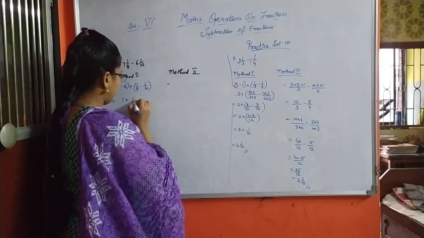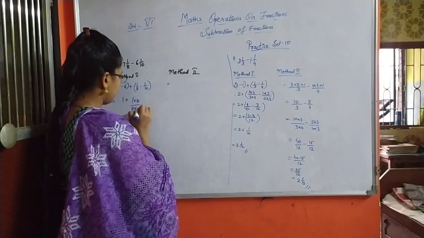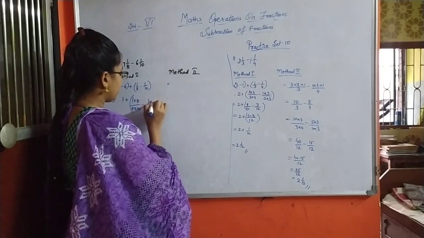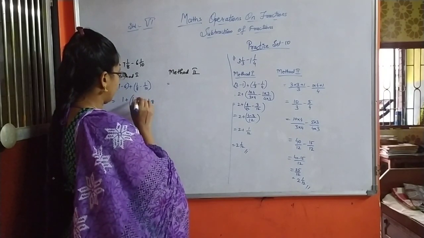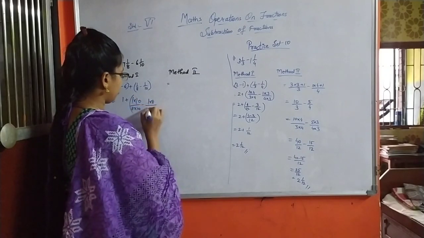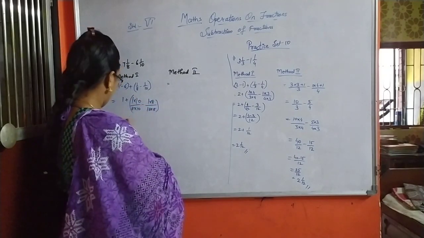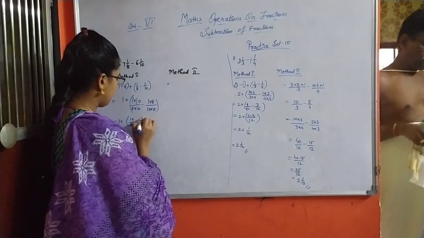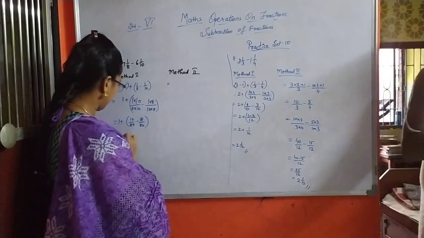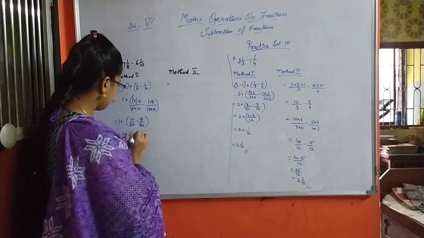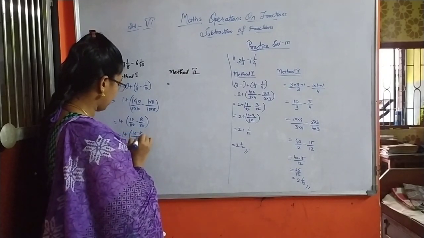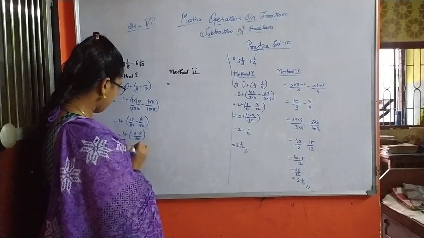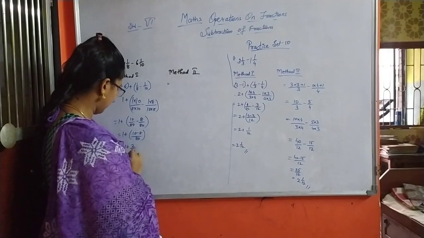So cross multiply: 1 into 8, 8 into 10, 1 into 10, 8 into 10, 1 into 8, 10 into 8. So 1 plus 10 upon 80 minus 8 upon 80. So 1 plus 10 minus 8 upon 80. 1 plus 2 upon 80.